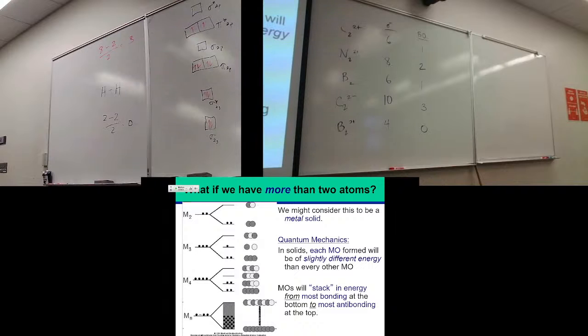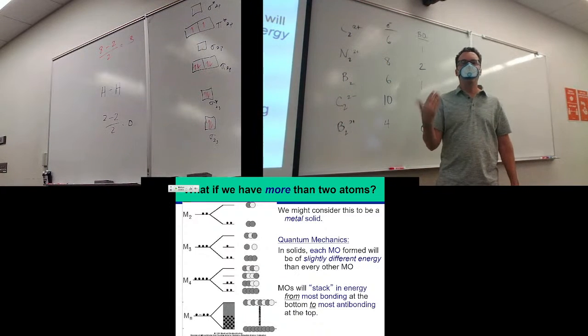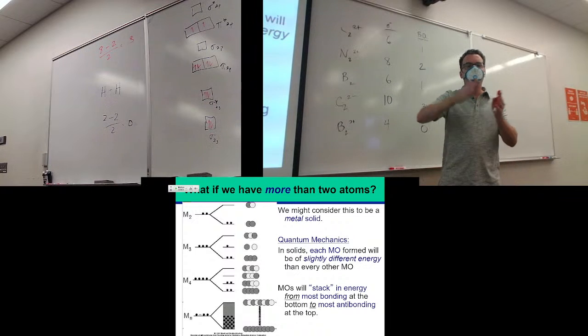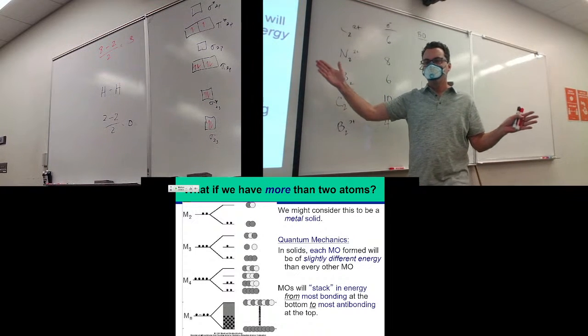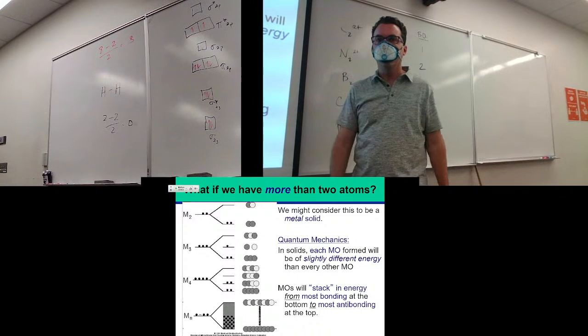I would be making millions of molecular orbitals. But now, there's just so many that I can't draw every one of them individually. They just smear together. And we call this a band. So a band is just a bunch of MOs, molecular orbitals, too close in energy to really see individually. And they're just all smeared together.